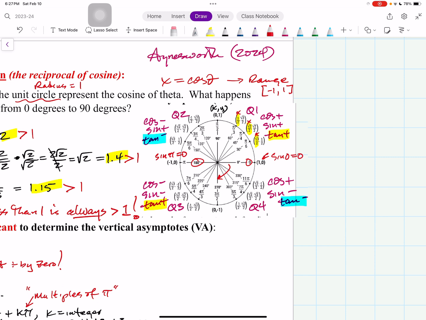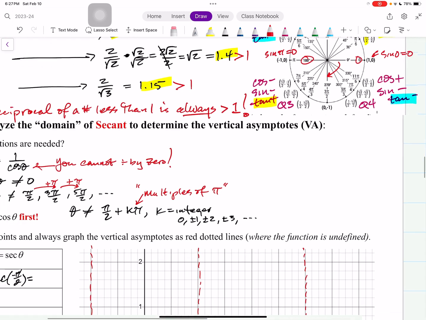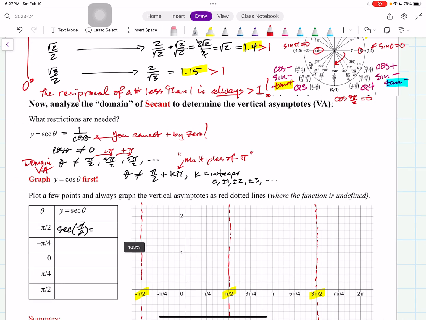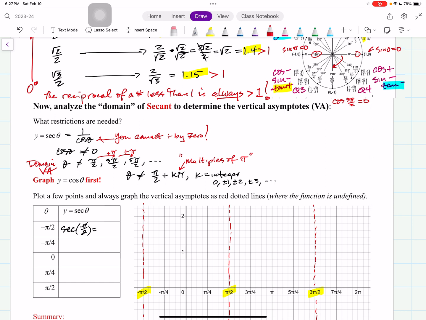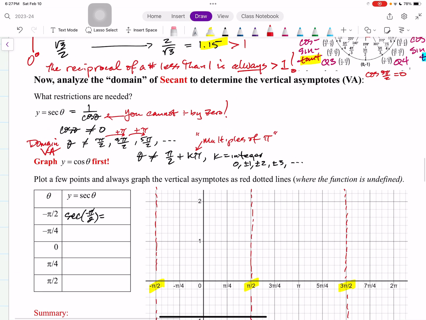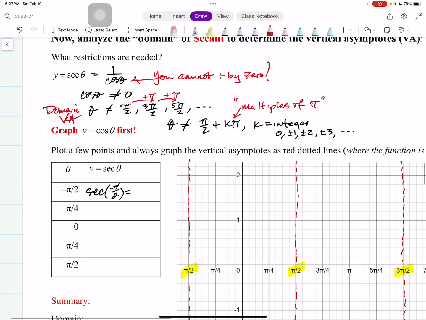Notice that it's 0, negative 1, and cosine of 3 pi halves is 0 there. Ooh, it's 0, and the reciprocal of 0 is undefined.